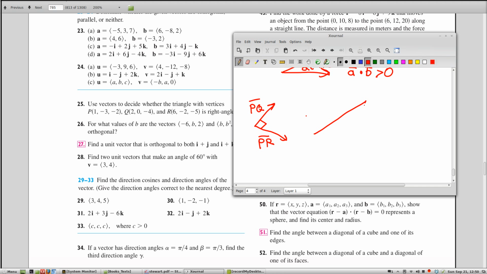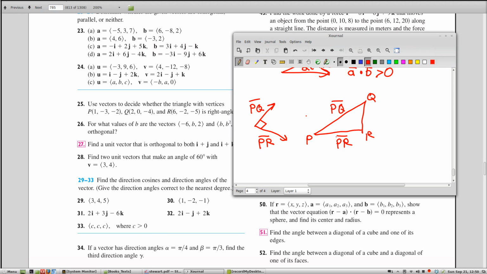But what if you have a right triangle like this, and you accidentally take this to be PQ and this to be PR? You'll take the dot product of PQ and PR, but it will not be 0.